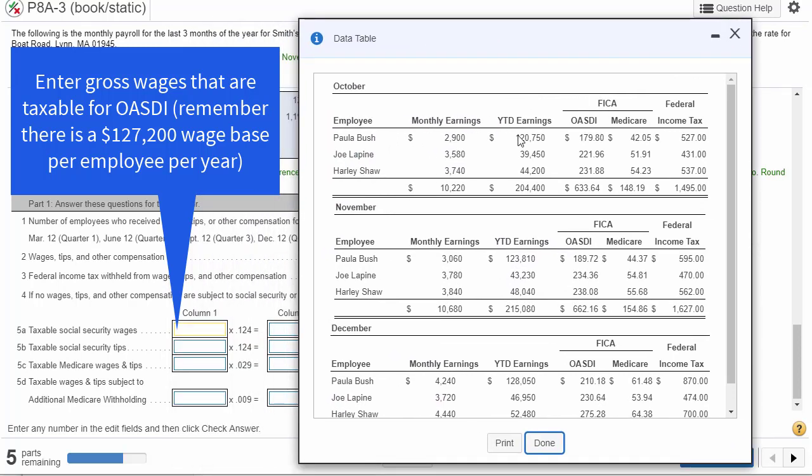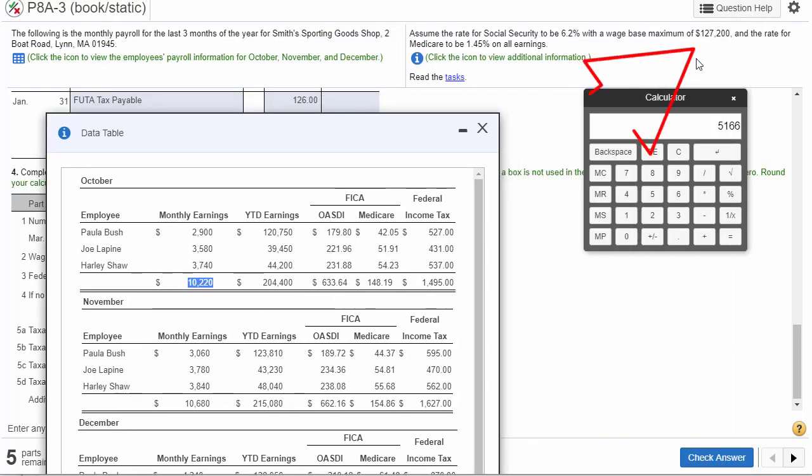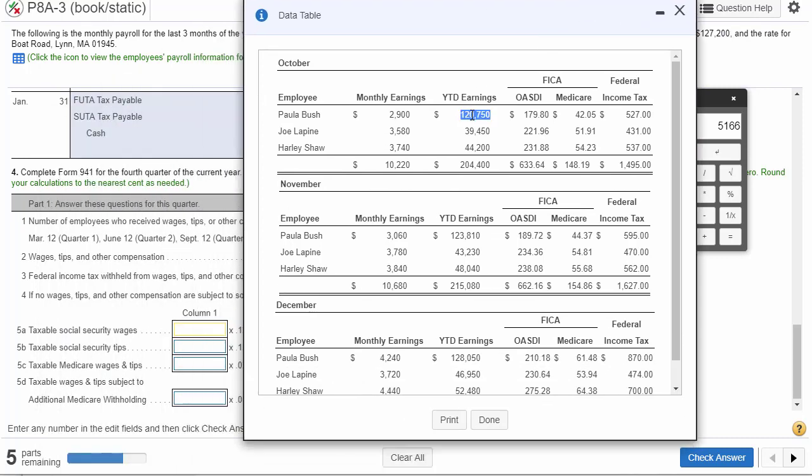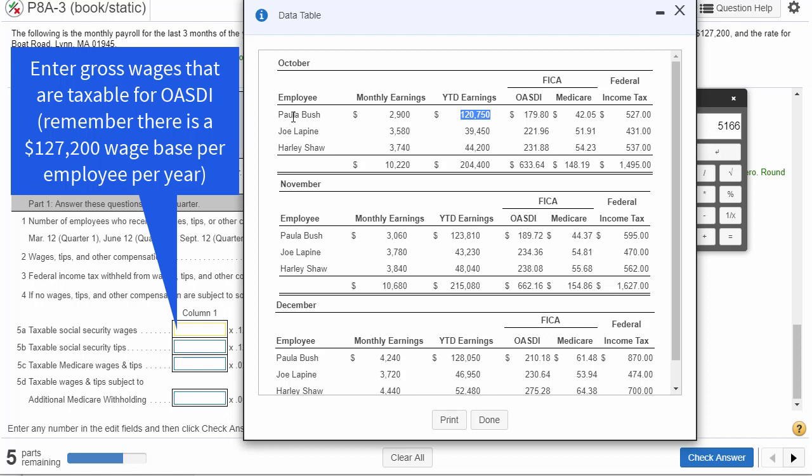So let's take these 1 month at a time. October, we have $10,220 of gross wages. Are all of those wages taxable for OASDI? Well, we have to remember, what's the wage base for OASDI? If you forgot that it's $127,200, it's listed right here. So let's look at the year-to-date earnings, which means the earnings for Paula as of this pay period, including this pay period.